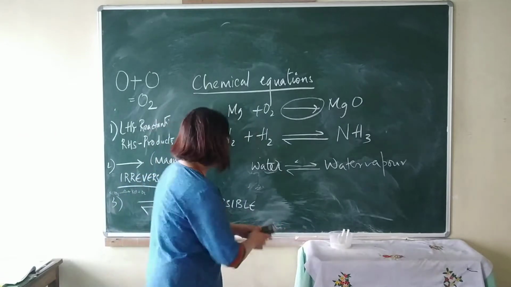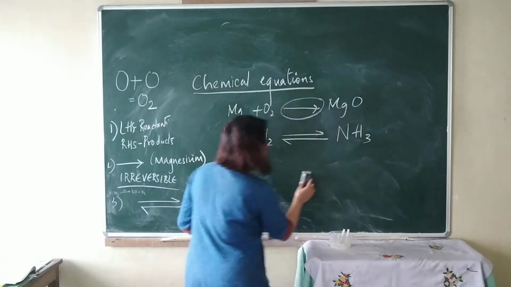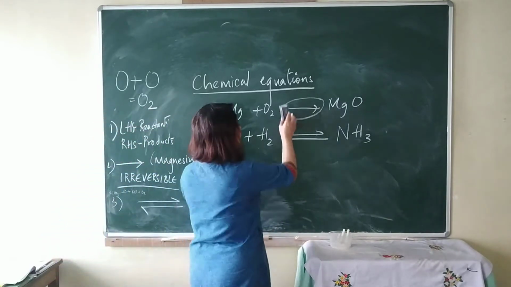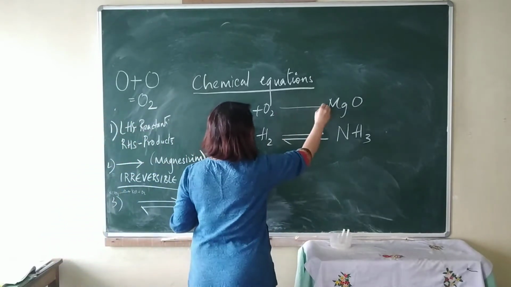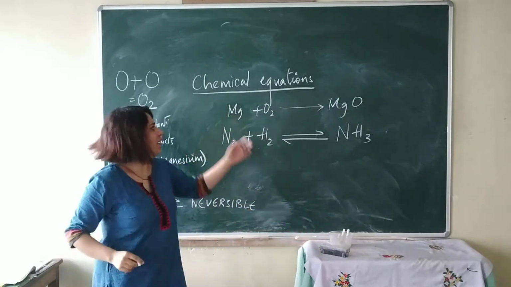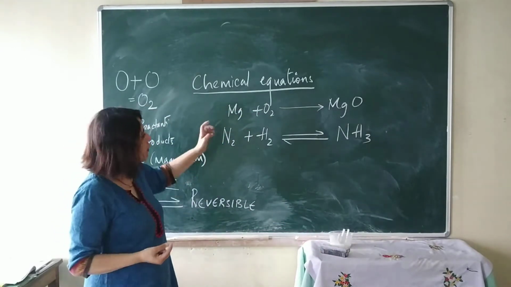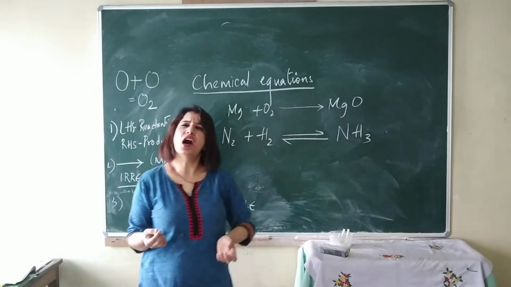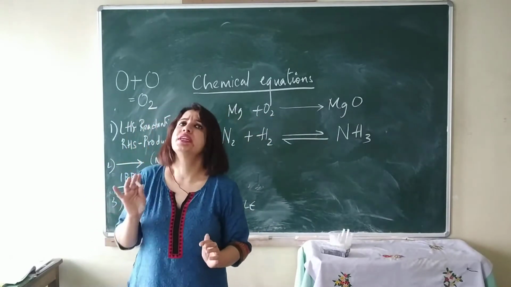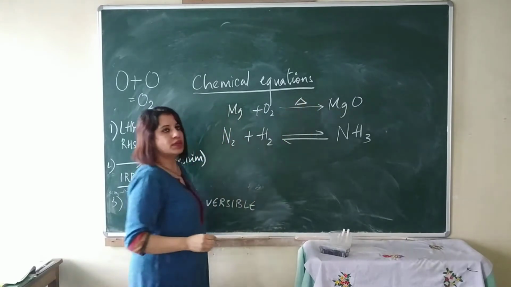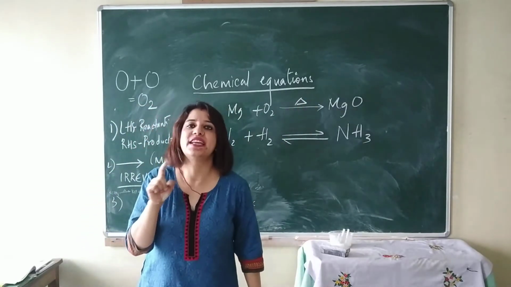The next rule. Now, suppose heat is required. Suppose I take magnesium and oxygen and I have to heat it. Now here in this equation, how will I denote heat? Just above the arrow, I will put a triangle, small delta.